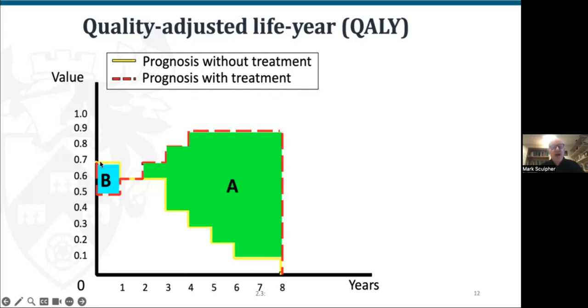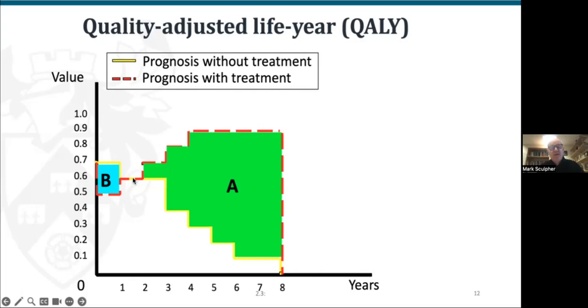So without treatment, the number of QALYs associated with that prognosis is the area under the yellow curve here. So all we're doing is multiplying periods of time in years by the relevant quality adjusted life year weight, which is the 0 to 1 scale.